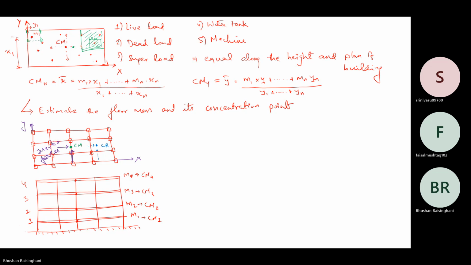Now, there are two cases to take. Number one, which is the very logical way, you have to shift CM to CR. ETABS also has this option available. So you can shift this CM to this position, and CM and CR will coincide.